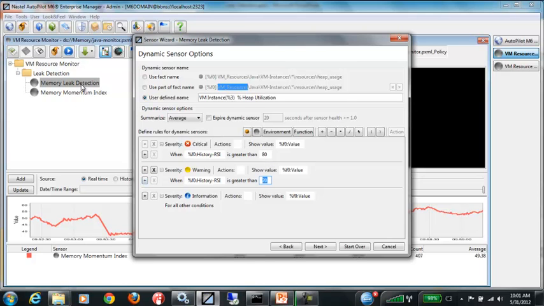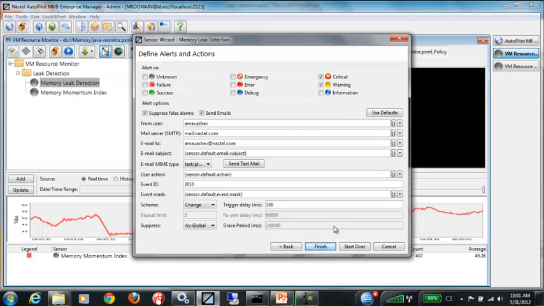In this case, the gain in the underlying memory utilization is dramatically outpacing the deallocations going on in the JVM. As we climb above 80, we go into critical versus warning. We're staying below 80 at about 70. As part of the next step, what we want to do is send ourselves a notification.